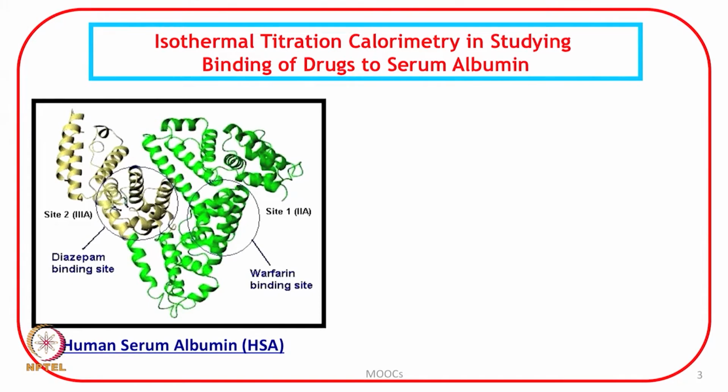In today's lecture, I will take the example of three drug molecules. The first drug molecule is naproxen. Naproxen is an anti-inflammatory drug molecule. Let us take a look at its molecular structure.